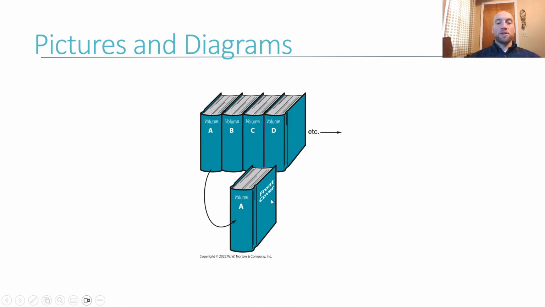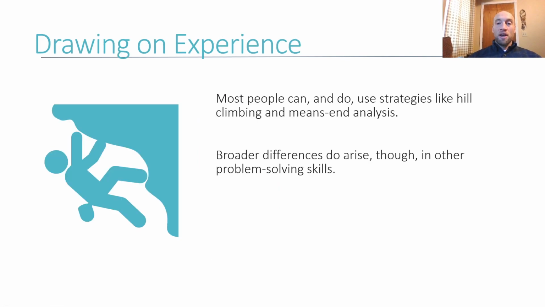Being able to visualize that helps immensely. In fact, I believe the book has the actual numbers, it's right around 65 or 70% of people will accurately solve that problem when they're told to visualize the problem.